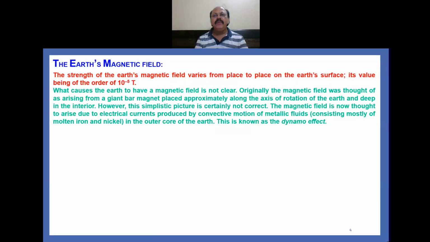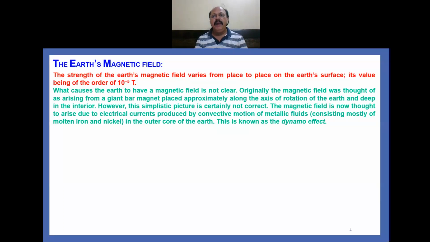But originally, the magnetic field was thought of as arising from a giant bar magnet placed approximately along the axis of rotation of the Earth and deep in the interior. However, this simplistic picture is certainly not correct.